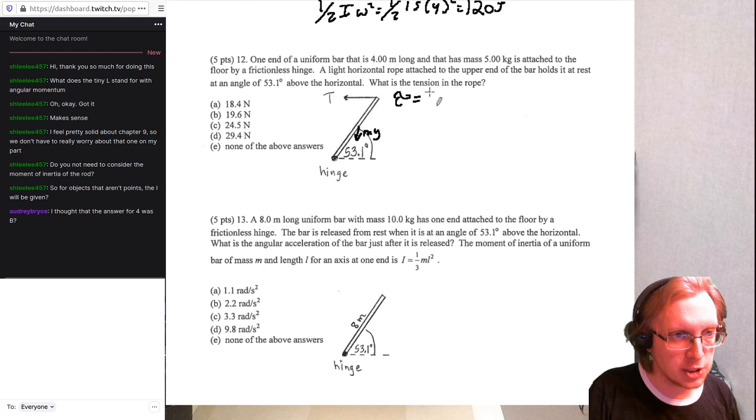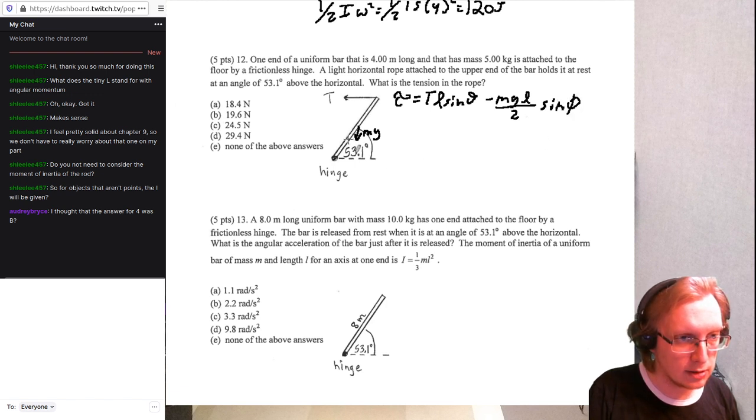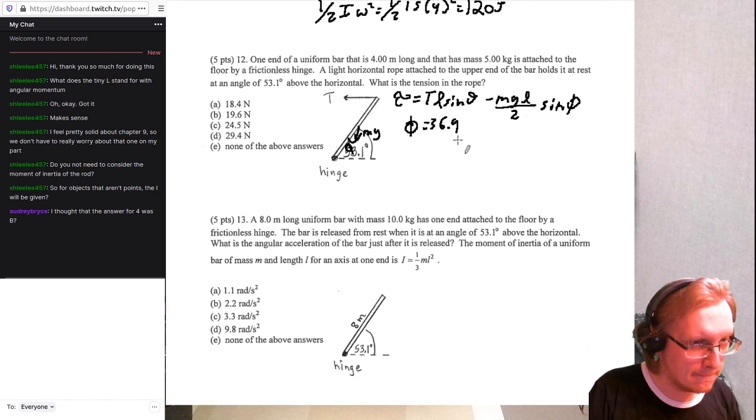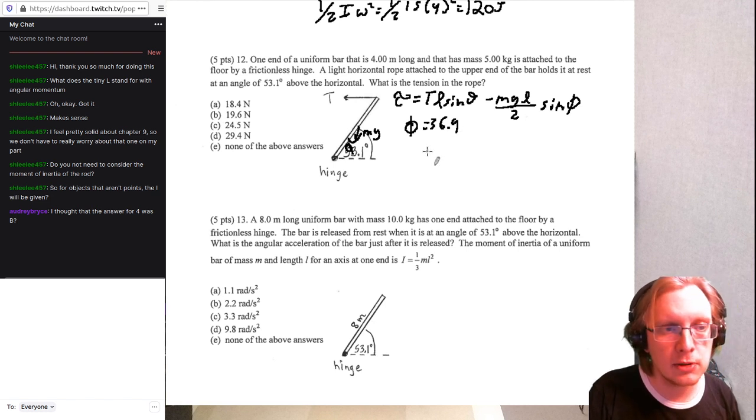So we have tension at L sine theta minus mass gravity at half L sine phi, which is this angle here. So that means that phi is the complement of 53.1, which is 36.9. I think that works. Yep, that works.